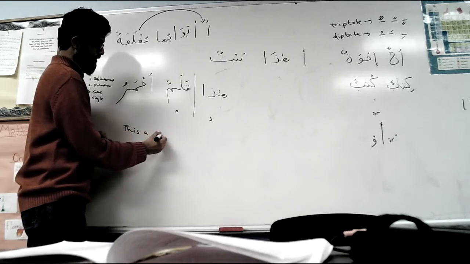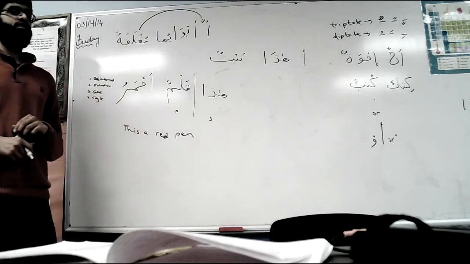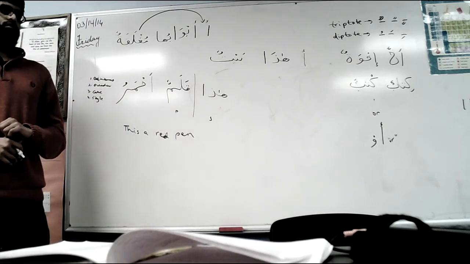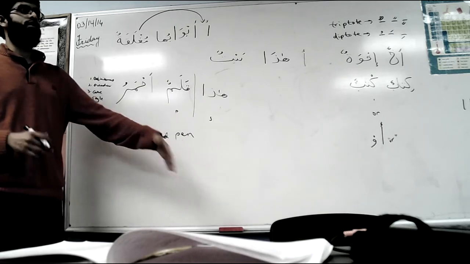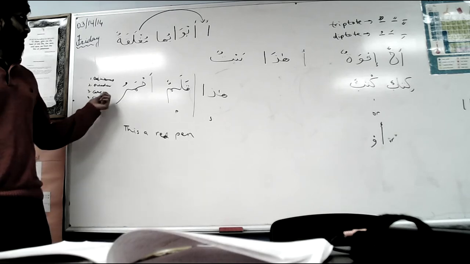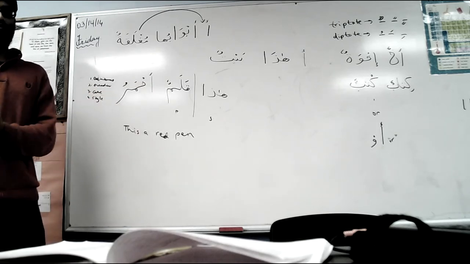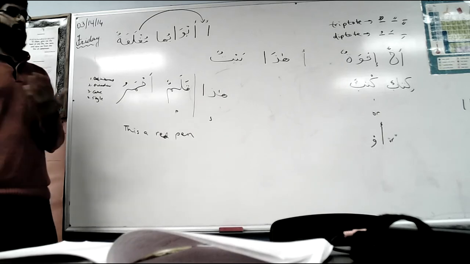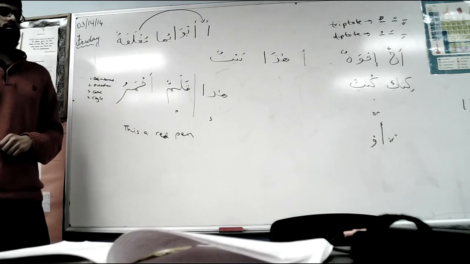If you translate it in English, what does it come out to? This is a red pen. Not the red pen. So you're saying a pen, but you're describing it, saying it's red. So, case. What case is qalam? Is it marfu, mansub, majroor? Marfu, right? Two dhammas is marfu. What is ahmar?